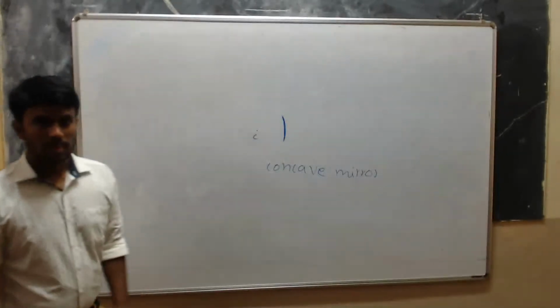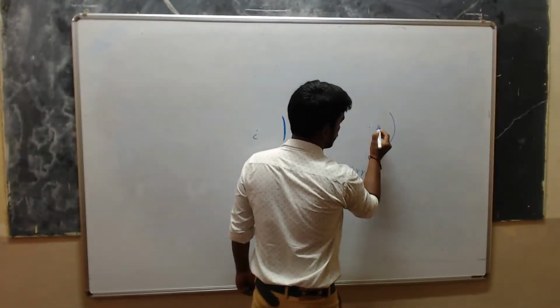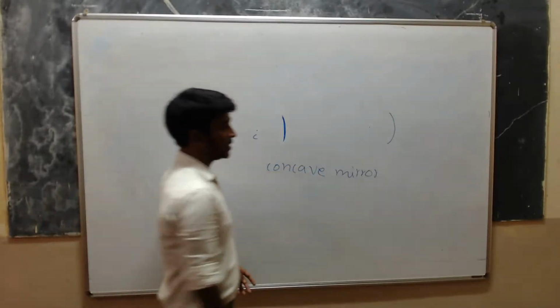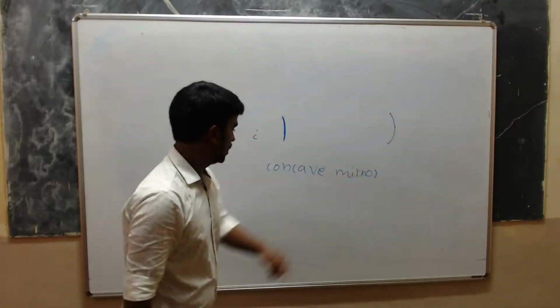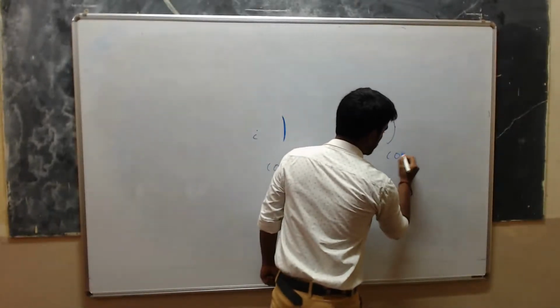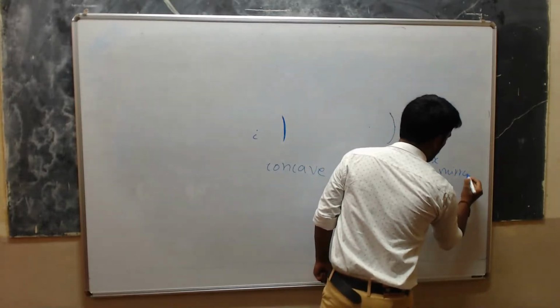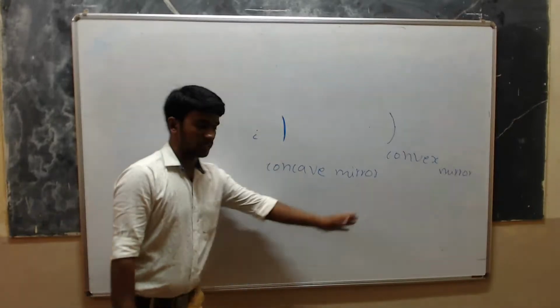Suppose the reflecting surface is curved outwards, meaning this side, then we call this mirror a convex mirror. Just see the difference.